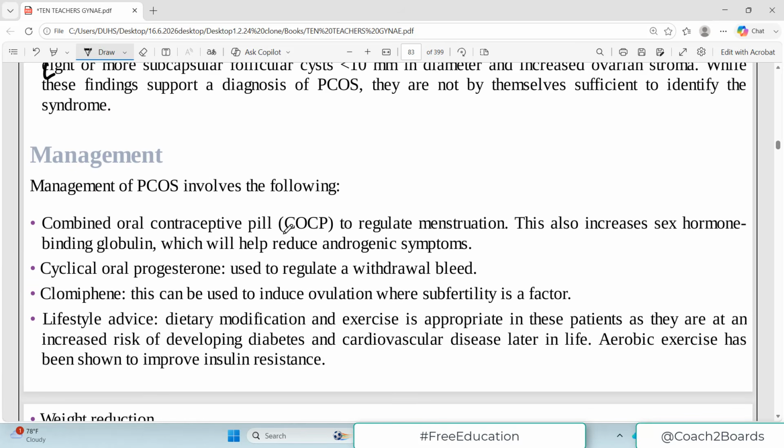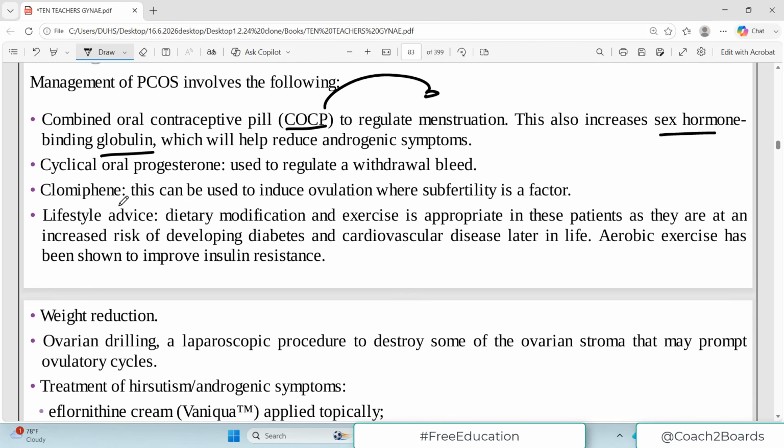So oral contraceptives are used. This is for regulation of menstruation. It also increases sex hormone binding globulins, which will help reduce the androgenic symptoms, so hirsutism goes away. Cyclical oral progesterone is used to regulate a withdrawal bleed. So if you withdraw the drugs, the bleed is controlled by progesterone. Clomiphene is important because it induces ovulation and it improves fertility.